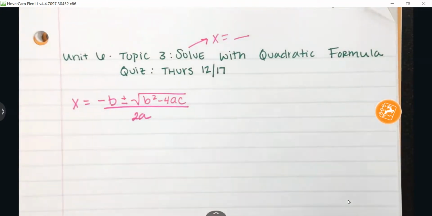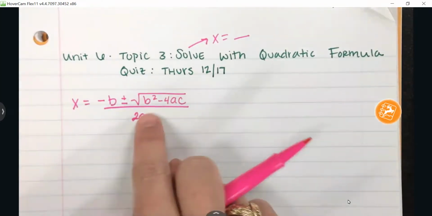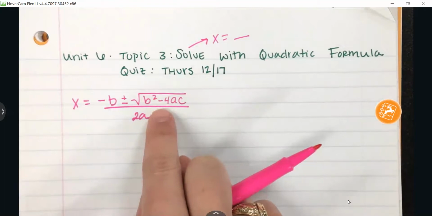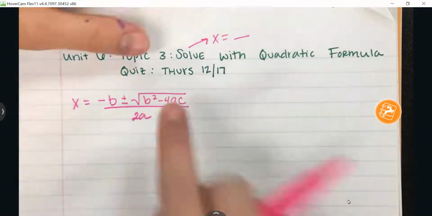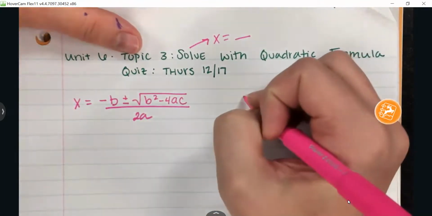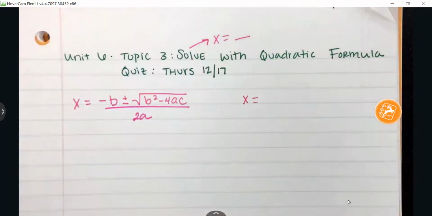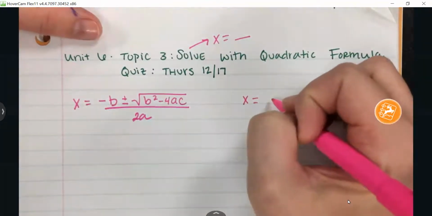Which part of this have you already learned? B squared minus 4ac, and what was that part called? The discriminant.